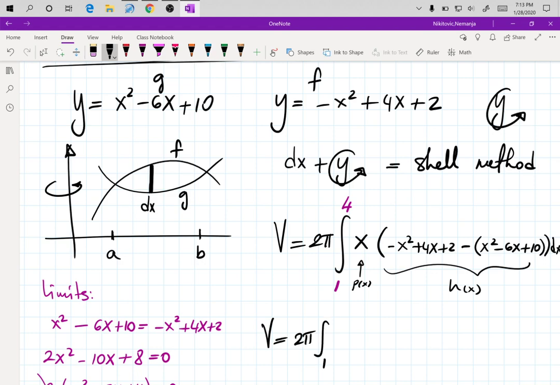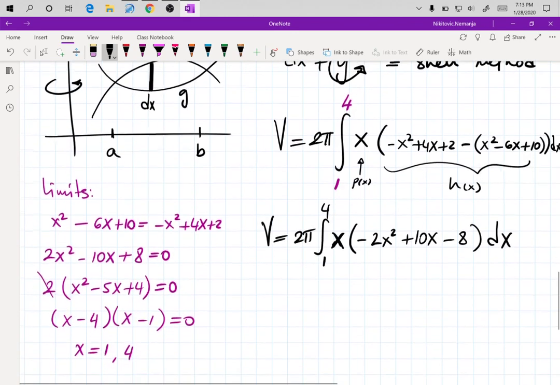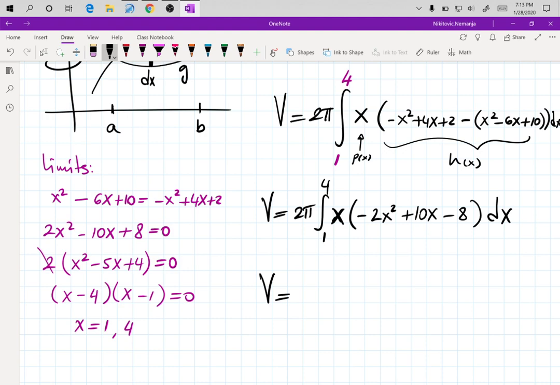Two pi integral 1 to 4 x times negative 2x squared plus 10x minus 8 dx. You distribute x, negative 2x cubed plus 10x squared minus 8x dx.